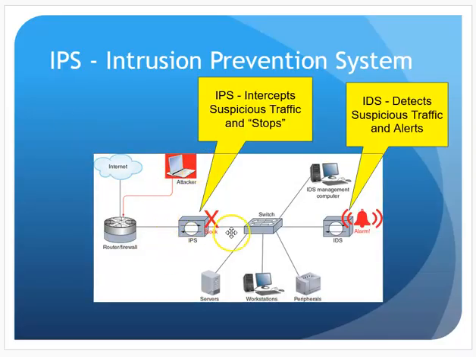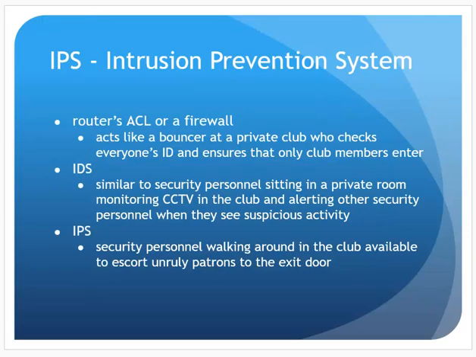Here, it's actually sitting in the network pathway, and if it detects anything malicious, it tries to block going to that node or that utility, if you will. Again, a reminder: the ACL or firewall is the bouncer checking at the door. IDS is your closed circuit television watching and looking for suspicious activity, and your IPS is literally security personnel walking around, right there to say, hey, this looks suspicious, we're walking you out of here, you don't belong here.